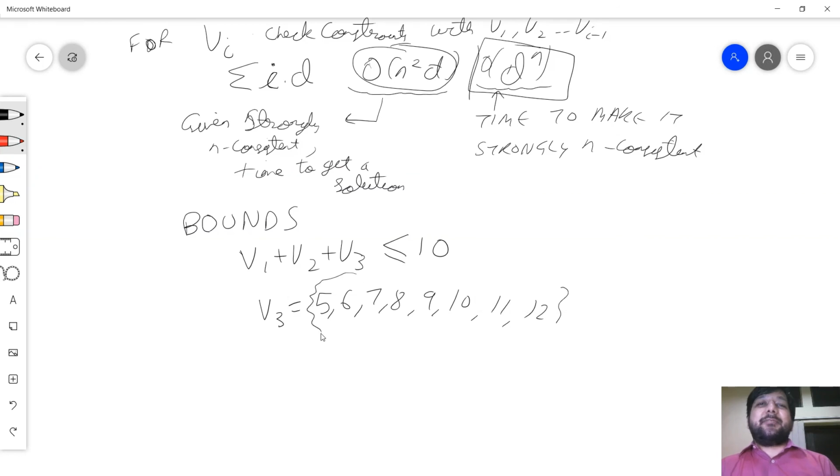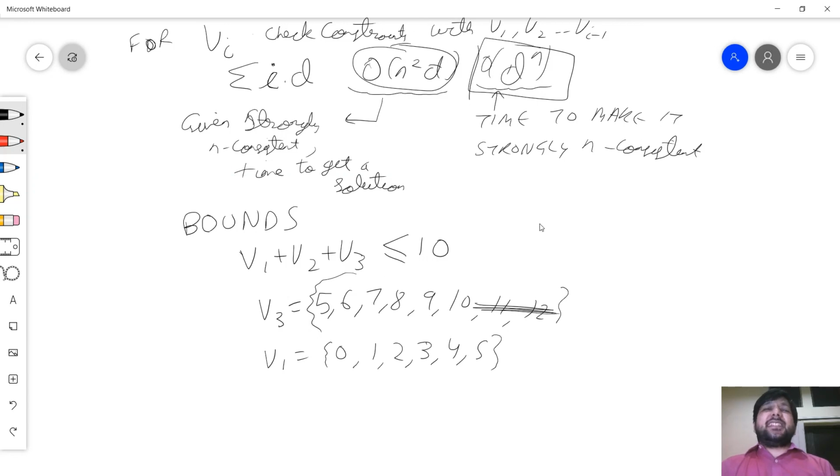So of course it cannot take in values which are 11 and 12, and V1 can now only take in values which are 0, 1, 2, 3, 4 and 5, because the moment it becomes 6, this constraint is violated.